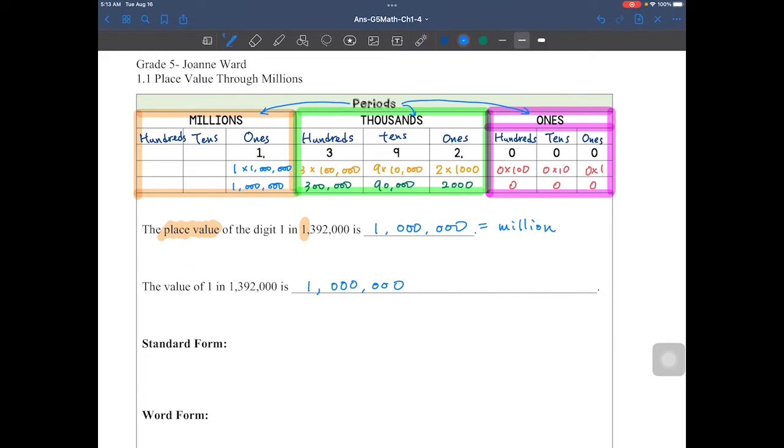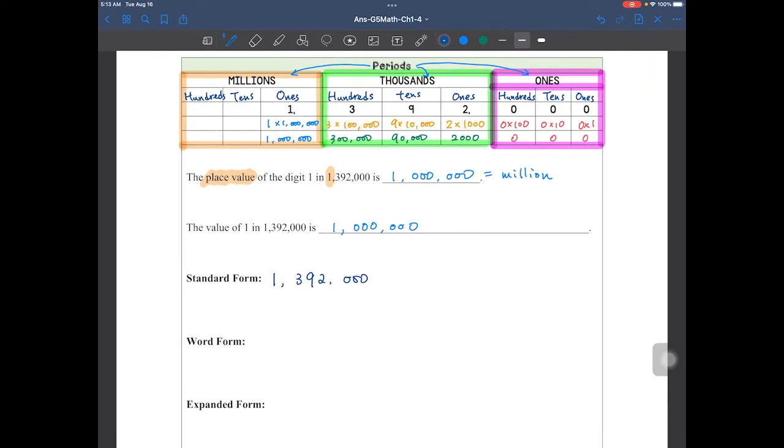Then I have the standard form. The standard form is 1,392,000, and the word form is one million, three hundred ninety-two thousand.